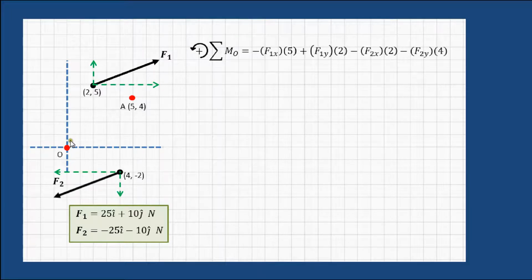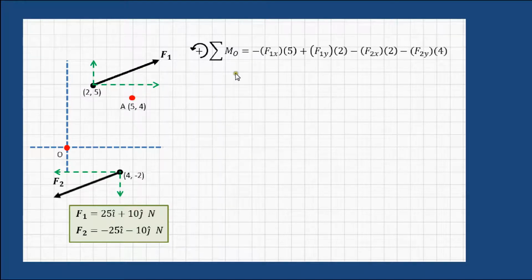So we can see that the moment about point O here is going to be a negative F1x times its moment arm of 5, just like what we did in the previous slide, and its y component has a moment arm of 2 being positive, but now F2x points in this direction, which is producing a clockwise rotation at a moment arm of 2, so it comes in here as negative, and again the y component of F2 has a moment arm of 4, which again is causing clockwise rotation.